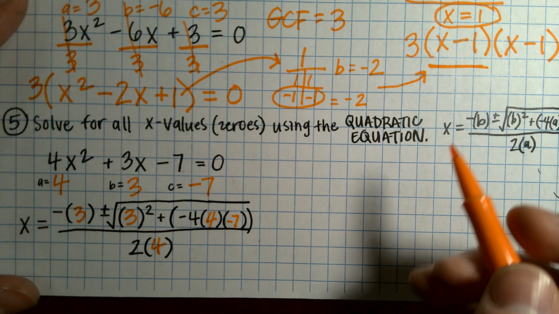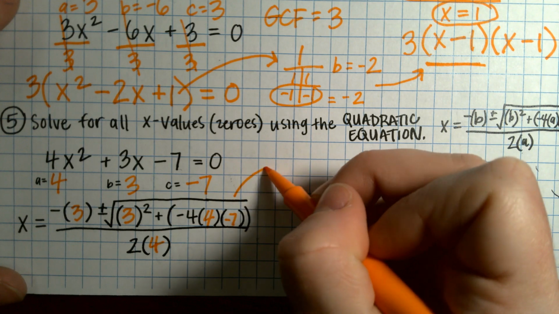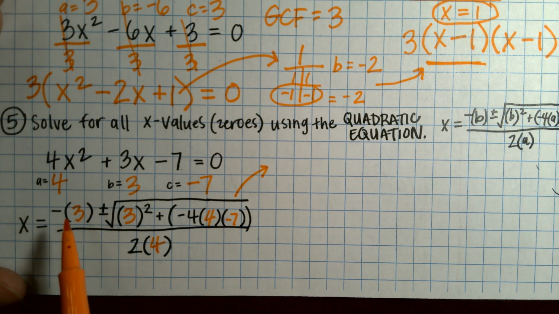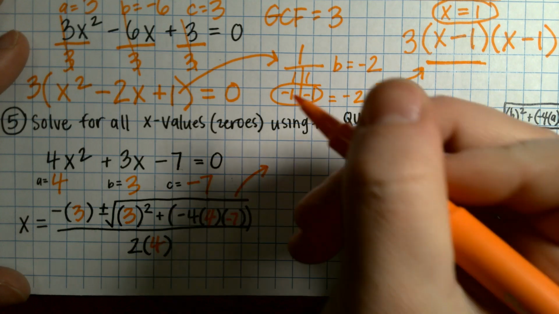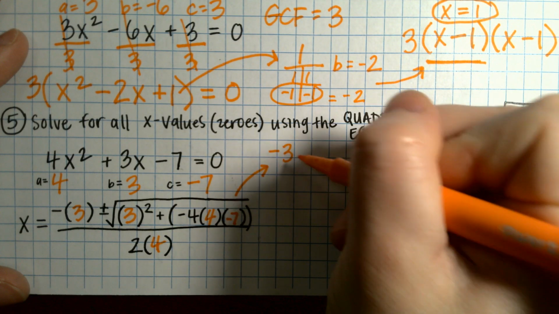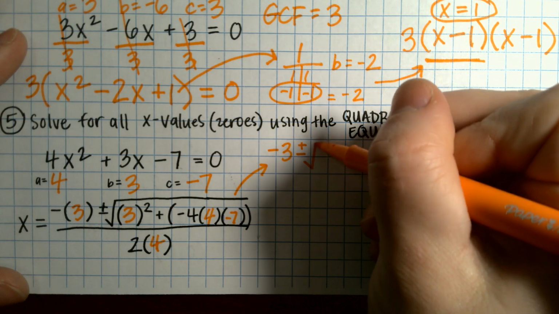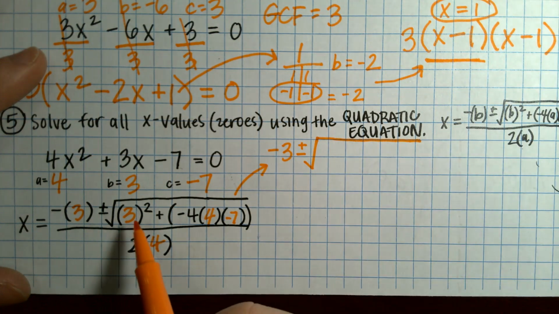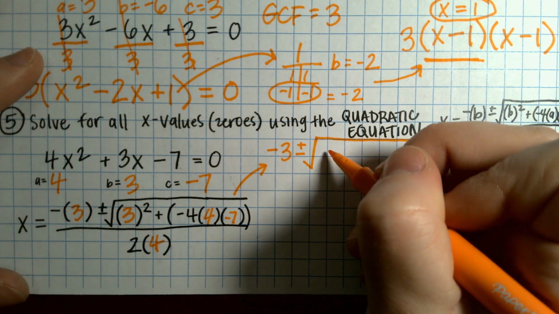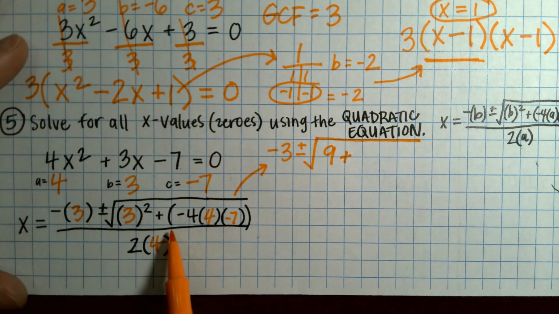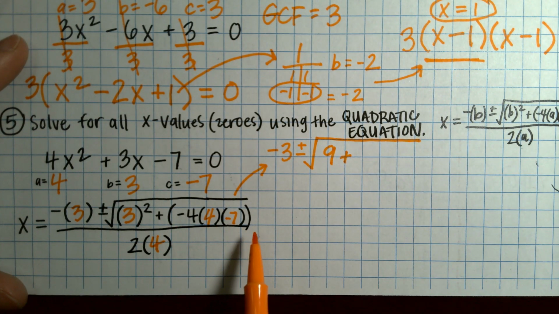Okay. So let's start simplifying. Do we need the parentheses right here for the -3? No. Just -3 plus or minus the square root of 3 squared, that is 9, correct? Plus 120. I hear a couple different answers.